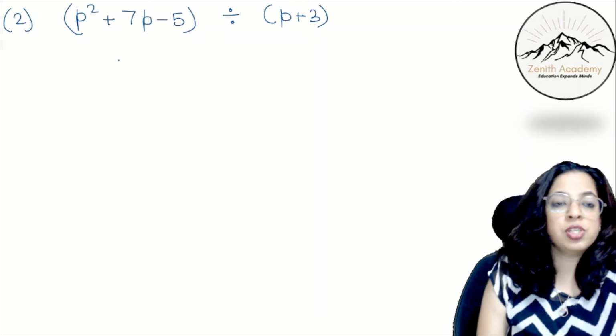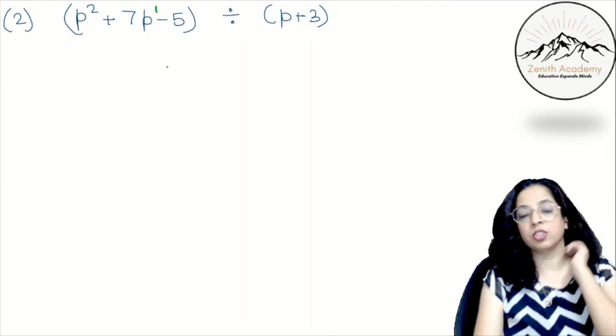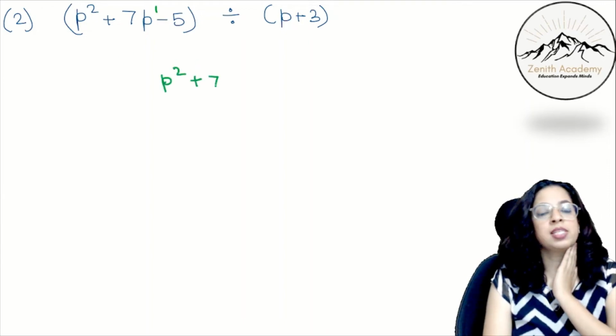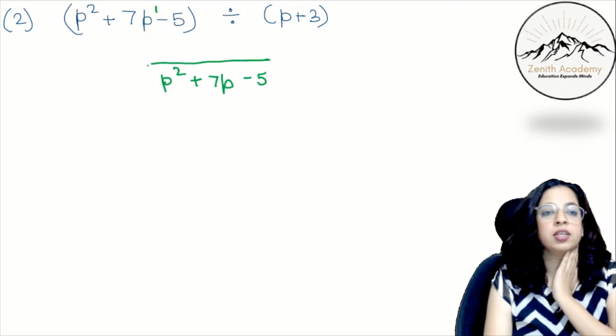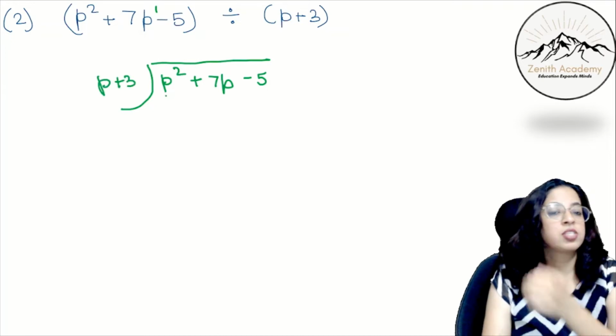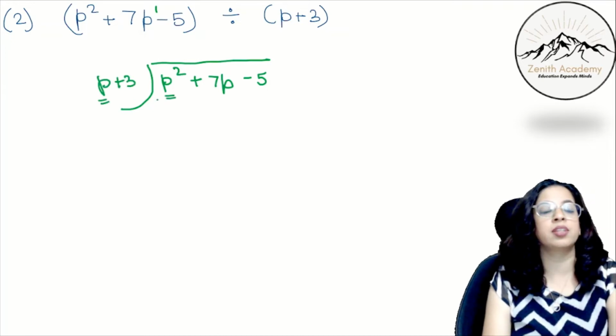The next question, see, p square, p and then nothing. So this is in the index form already. So p square plus 7p minus 5 is your dividend and p plus 3 is your divisor. Now see the first, here there is p square, here there is p.